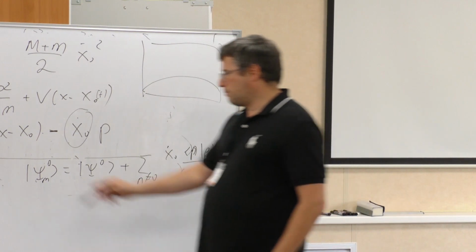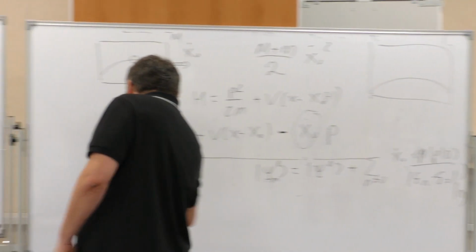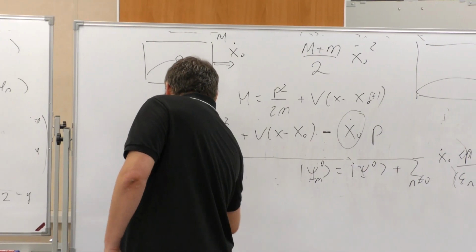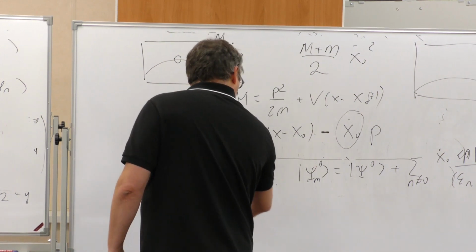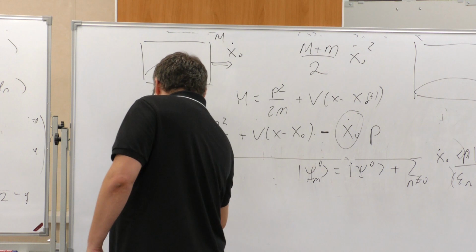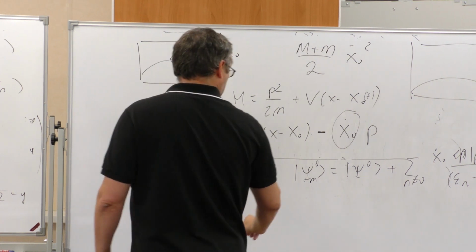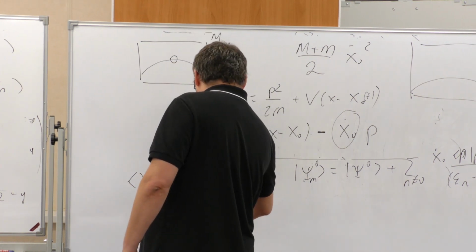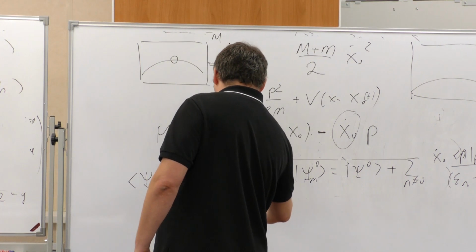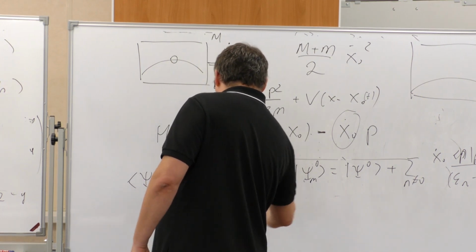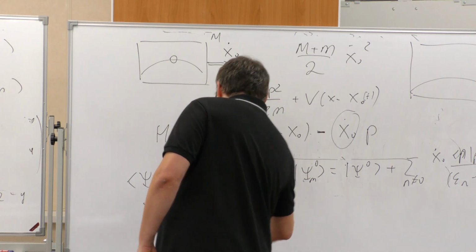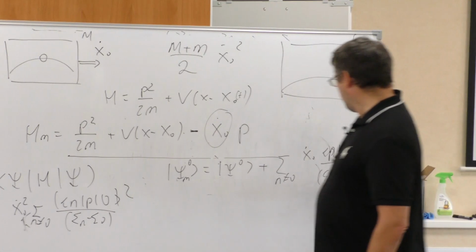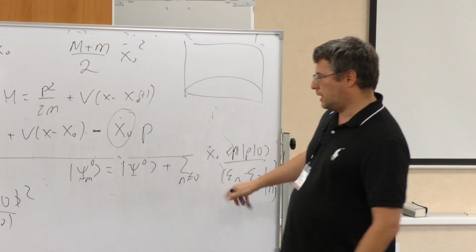And now I plug it in, and I will get sum over n not equal to 0. So x naught dot squared, right? Then I will get n p 0 squared over en minus e 0 power 1. I'll get power 2 from here, right?